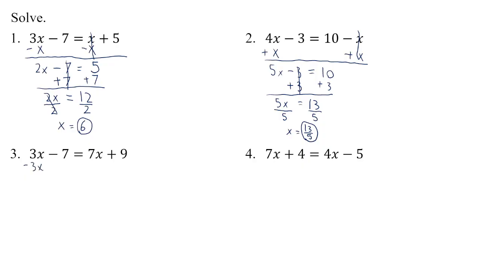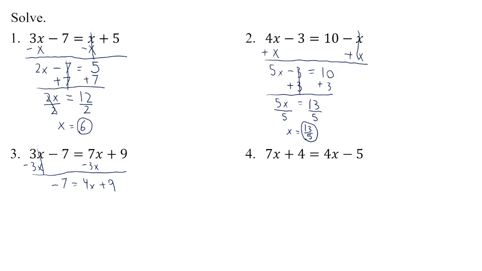We subtract 3x from this side, and we subtract 3x from this side. So you bring down your negative 7. 7x minus 3x is 4x plus 9.